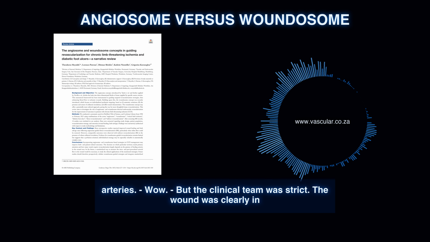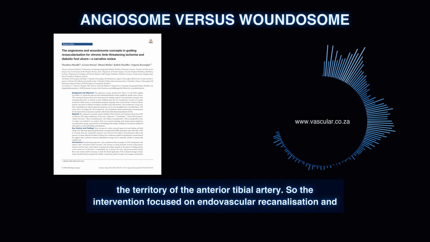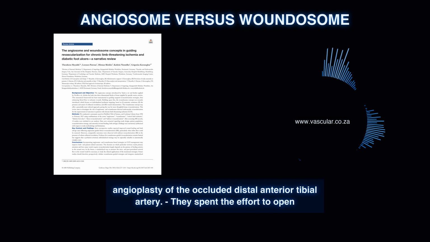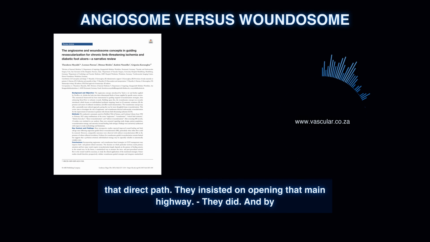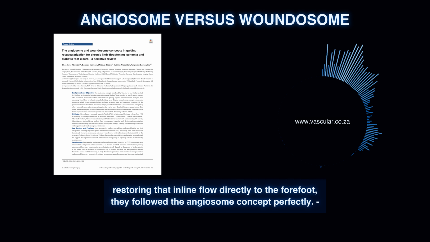But the clinical team was strict. The wound was clearly in the territory of the anterior tibial artery. So the intervention focused on endovascular recanalization and angioplasty of the occluded distal anterior tibial artery. They spent the effort to open that direct path. They insisted on opening that main highway. They did. And by restoring that inline flow directly to the forefoot, they followed the angiosome concept perfectly.